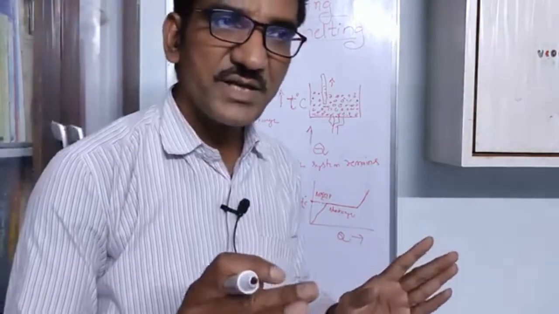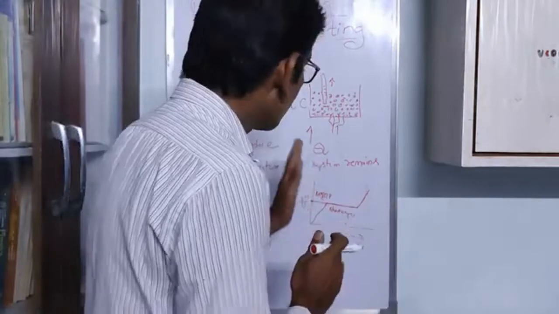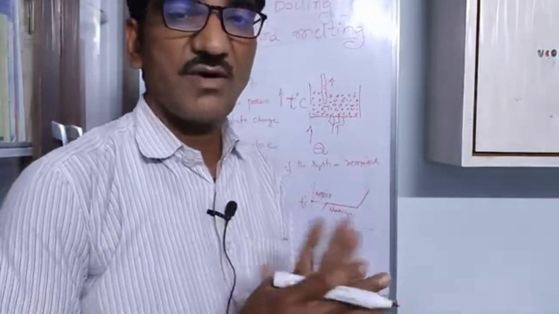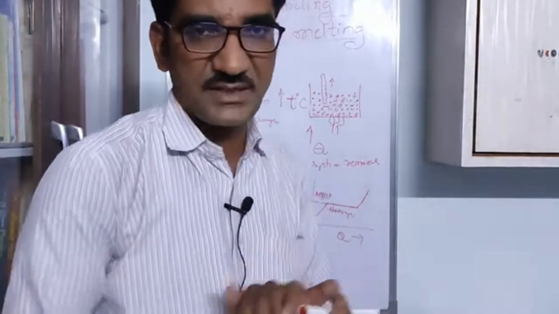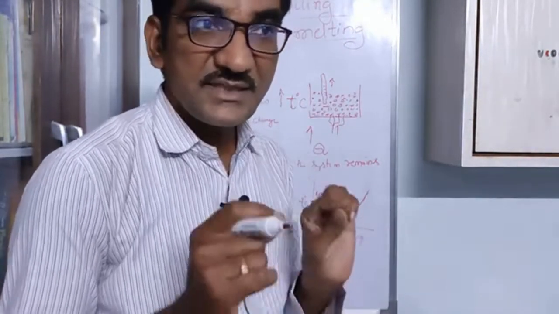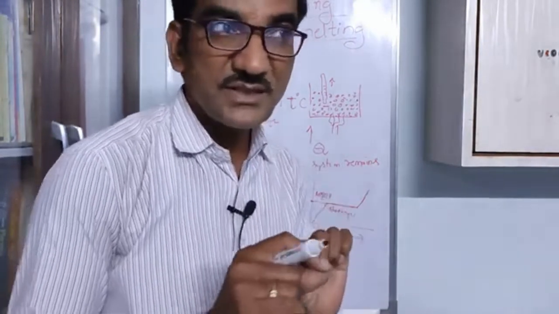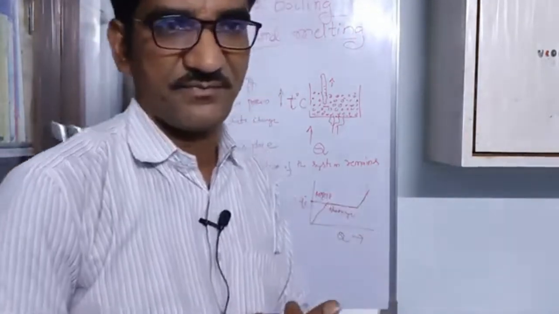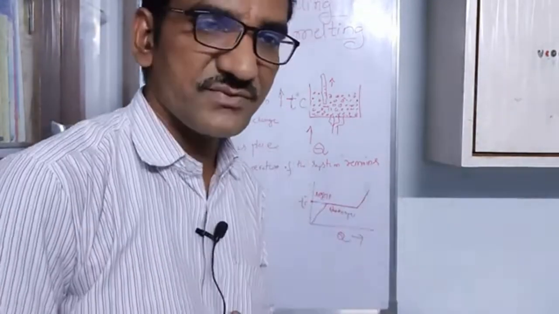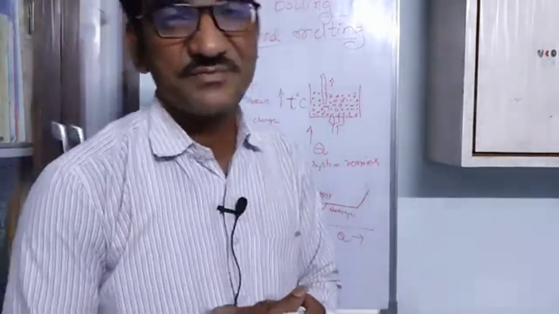That's why that particular temperature, called boiling point or melting point, is something special. You are going to observe the system at that particular temperature for some long time, until the entire system changes from one state to another state.